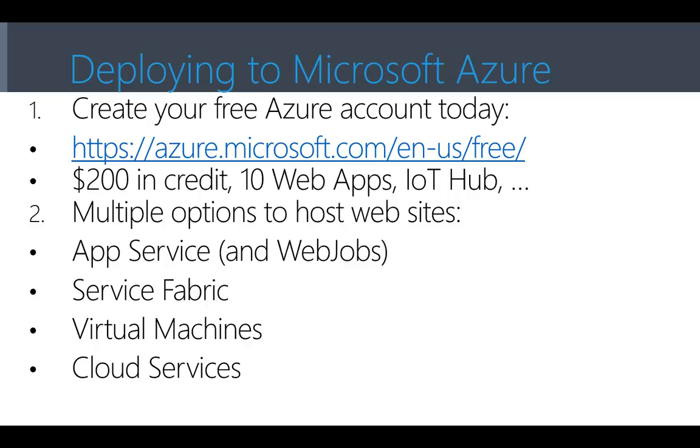Now inside Azure there are lots and lots of options. You will find the following: App Service, Service Fabric, Virtual Machines, Cloud Services. When you're creating app services, it's important to note that App Service will cover 99.999% of your needs.